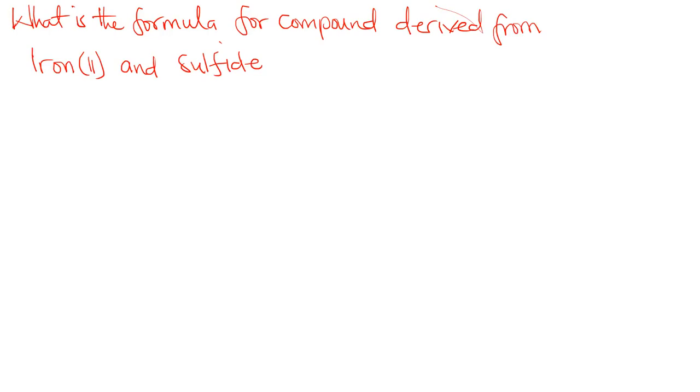So if you see iron 2 written, just know that iron 2 is Fe2+. The 2 here is standing for 2+.